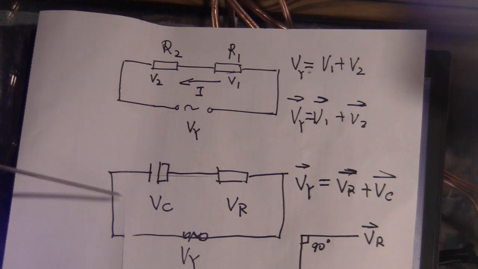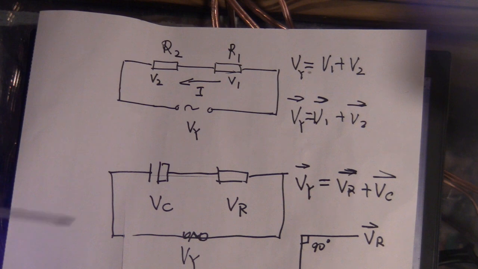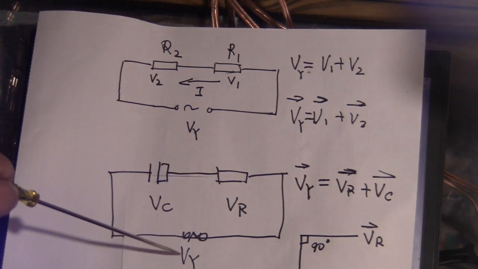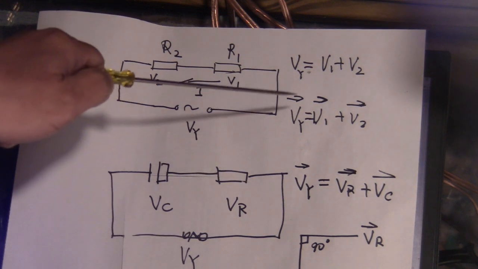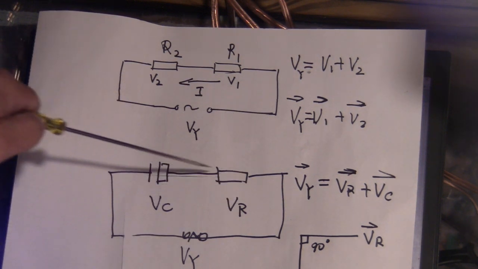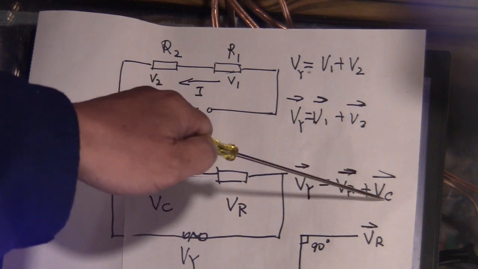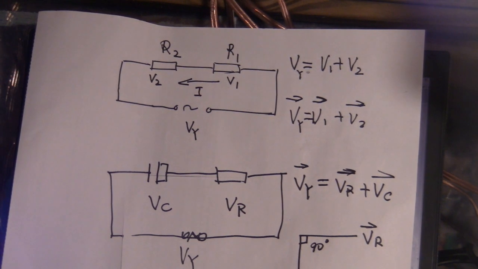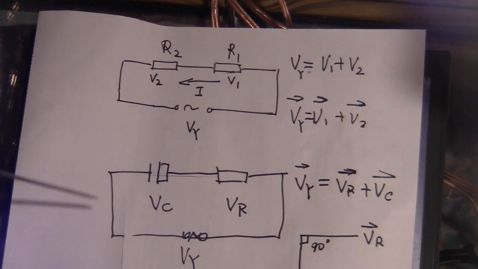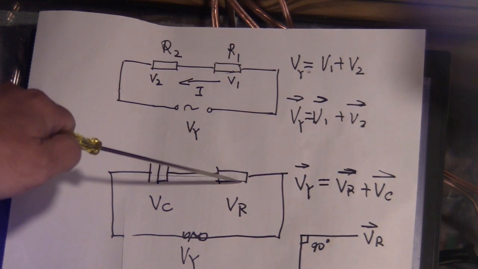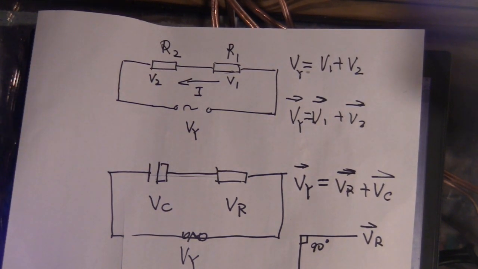in the RC circuit, it's not like that. The Vy over here is not equal to the value of Vr plus Vc. It is a vector plus. What does vector mean? In this circuit, this is the resistor. The resistor doesn't change the direction of the vector.